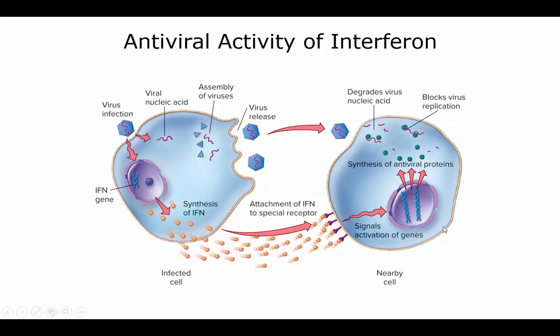And that causes the production of these antiviral proteins that eliminate the viral genes and block the virus from replicating. So the viruses are actually inactivated before they can start replicating.